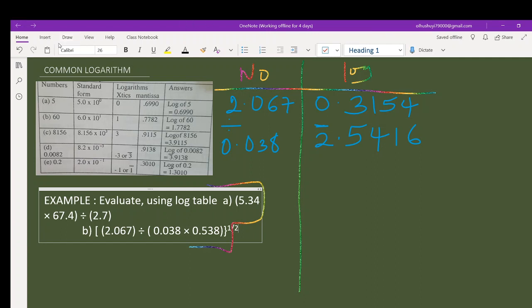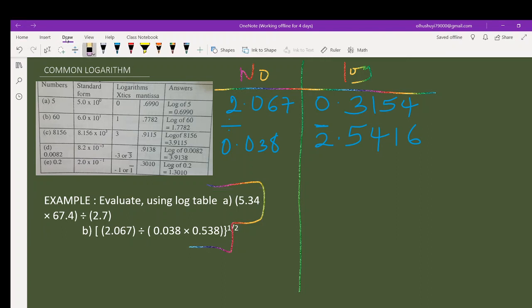So this is what we are supposed to have. Can you see the question now? Everything is raised to power half.